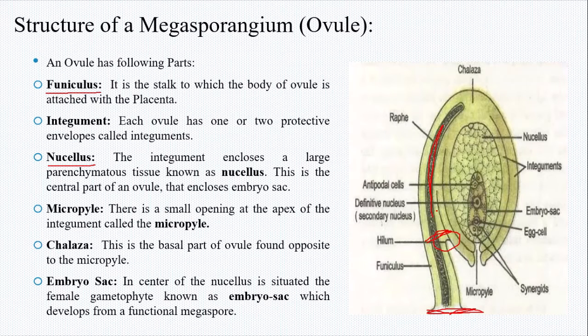If you will see here, when the integument surrounds the nucellus, there are two portions, one here and one here.